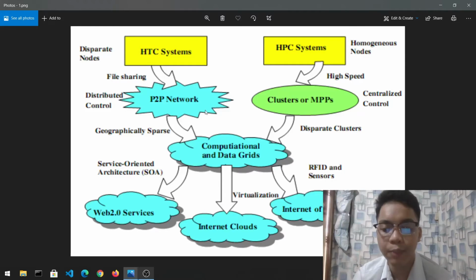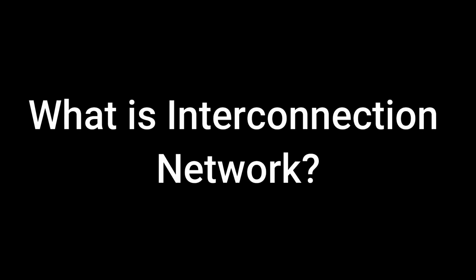So like HPC, the computational grid and data grids work together to supply the needs of software, which I said earlier. So basically, an interconnection network in a parallel machine transfers information from any source node to any desired destination node. This task should be completed with as small latency as possible. Moreover, it should be inexpensive compared to the cost of the rest of the machine.